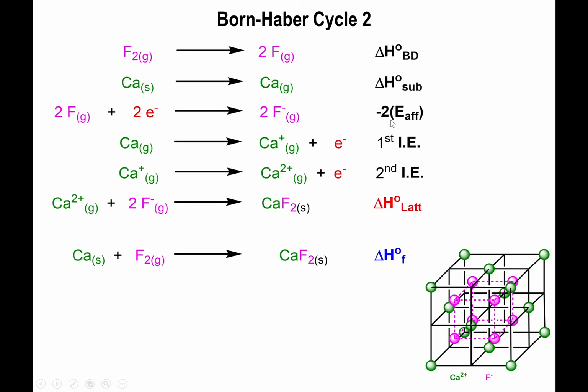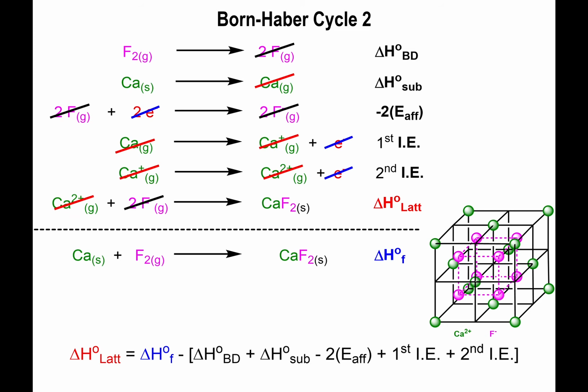And then finally, we need to break up the diatomic fluorine into 2 individual atoms of fluorine. So that's the bond dissociation enthalpy. And like before, if you add all of this together, you will end up yielding the enthalpy of formation. So if you add up all the values in black and subtract them from the enthalpy of formation, that will also yield the lattice enthalpy.